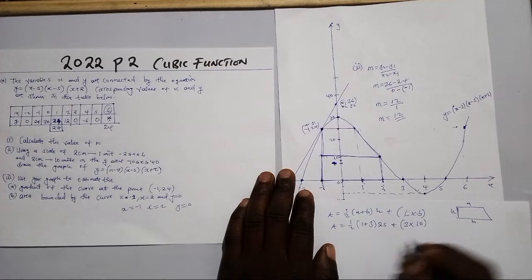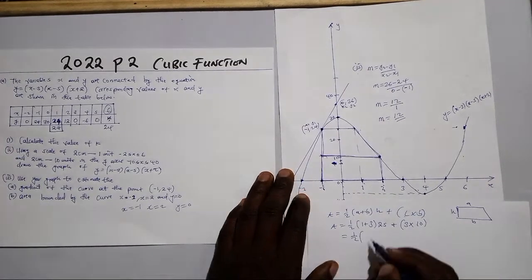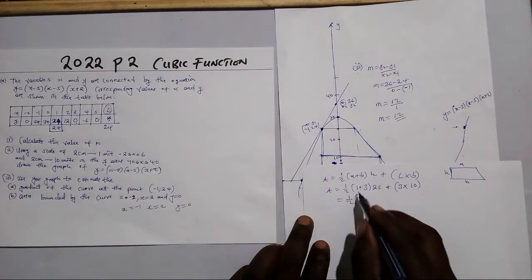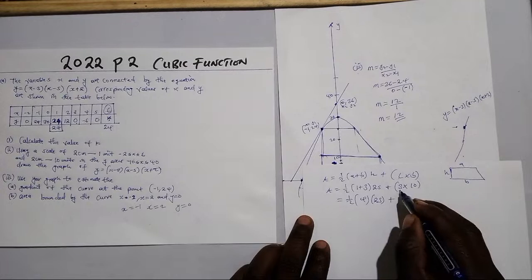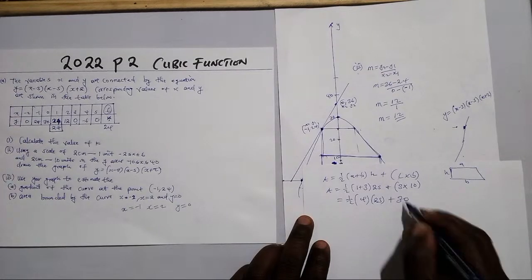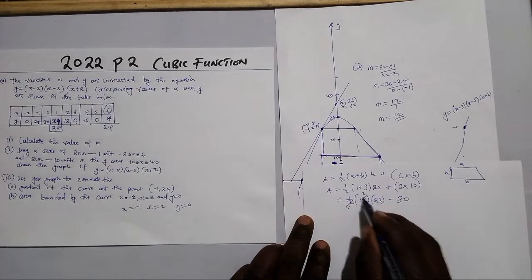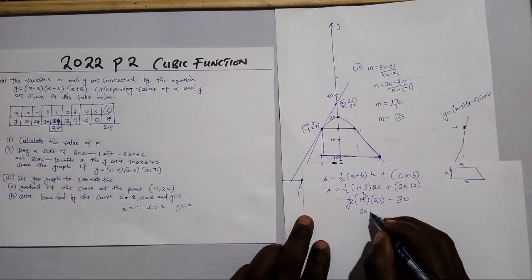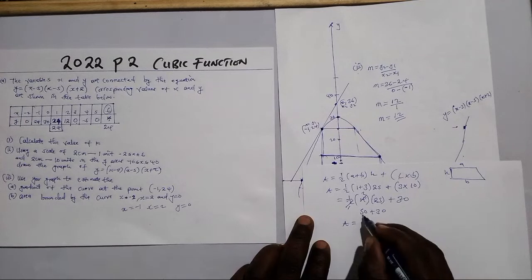We have a 10 here, so it will be half, then open bracket, 1 plus 3, which is 4, then 25, then plus 3 times 10, which is 30. Then 2 here, 1, 2 here, 2. 2 times 25, which is 50, 50 plus 30, so area equals 50 plus 30.